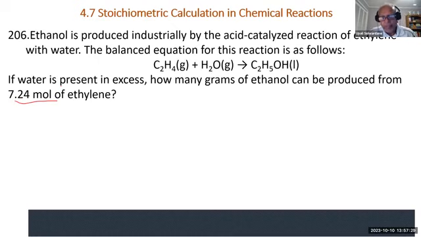If I give you grams of ethylene, it is this. Grams divided by molar mass of ethylene, you get that. I'm asking how many grams of ethanol can be produced from this. This is 1:1.